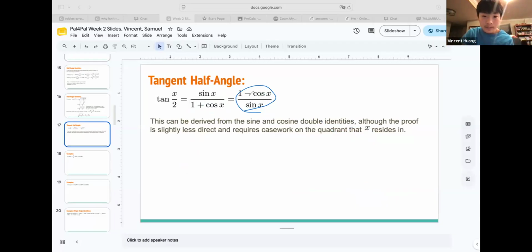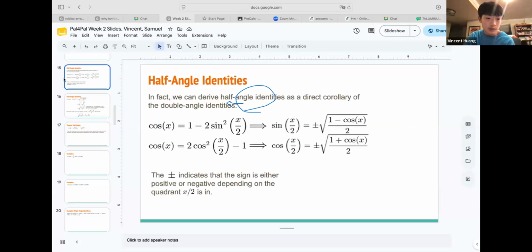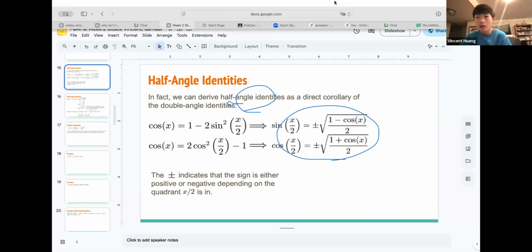In the bottom, you'll get 1 plus cos x times sine x, and in the top, you'll get sine squared x. So then you just get that. So tan x over 2 has an okay proof. It's much harder than these proofs, but it's a lot simpler, which is good.